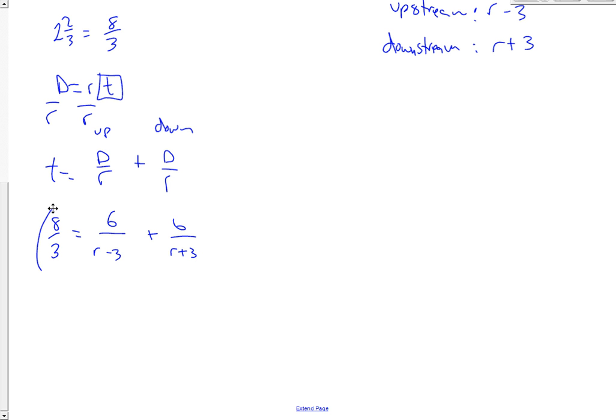So now I have to multiply by a common denominator, and that is going to be 3 times R minus 3 and R plus 3. When I distribute over to the first fraction, the 3 cancels out, and I'm going to be left with the R minus 3 and R plus 3 to go with the 8.